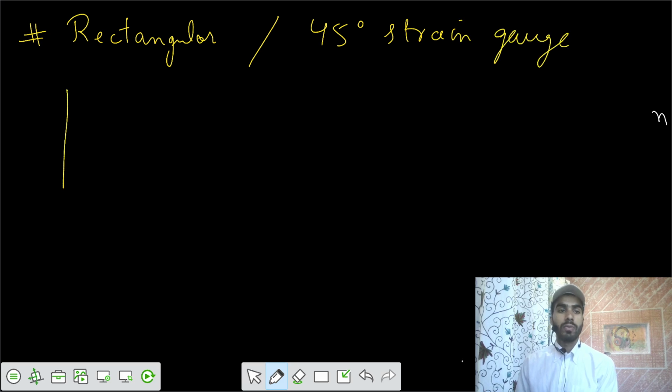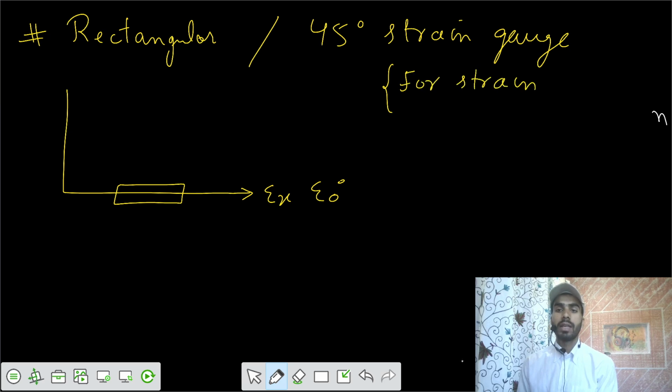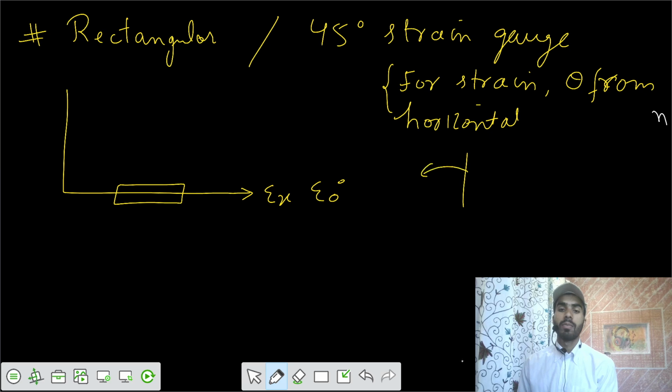We have strain gauges: one strain gauge is in the x direction, and we call it E0 degree. One thing you have to remember is that for strain calculations we take theta from the horizontal, but for stresses we take theta from the vertical, anti-clockwise.